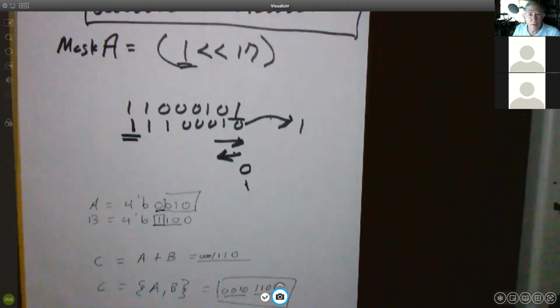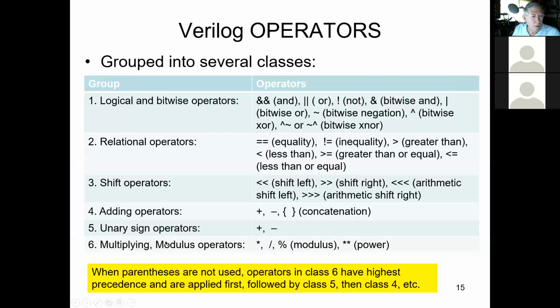Okay, I think at this point, the last one is we do have the ability to do unary signed operators, pluses and minuses. These are a little tricky because these turn vectors. These can be tricky because their actual impact on your bit vector can be confusing.